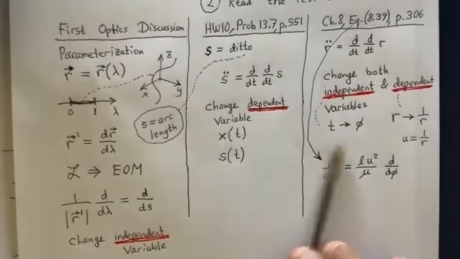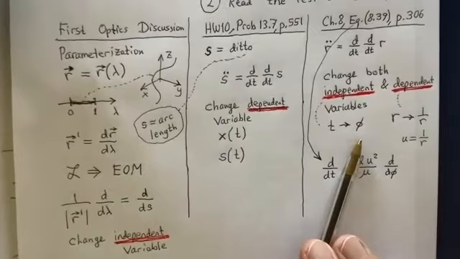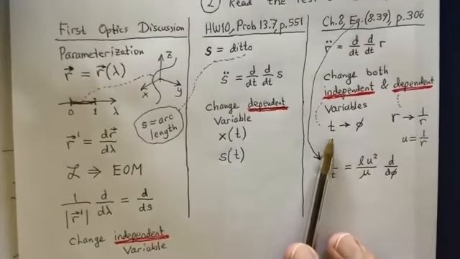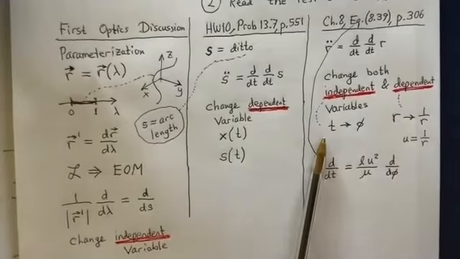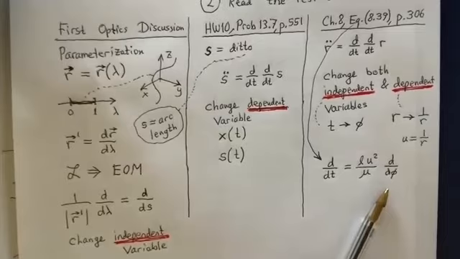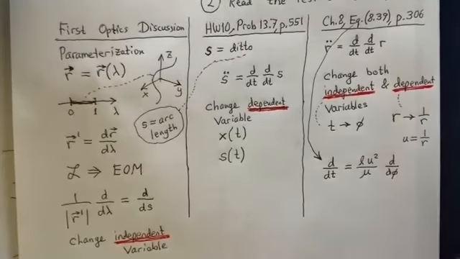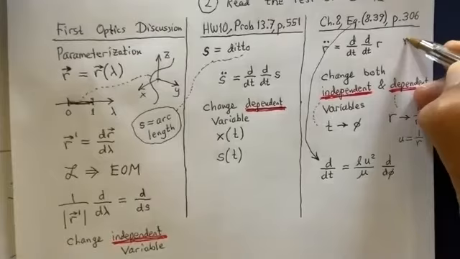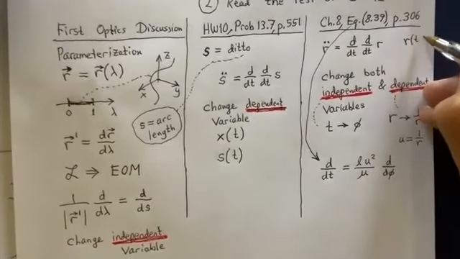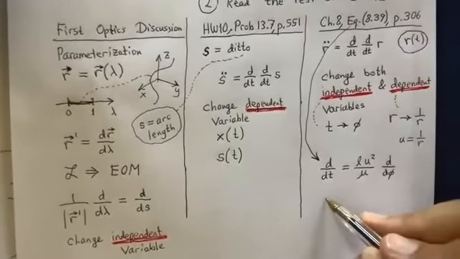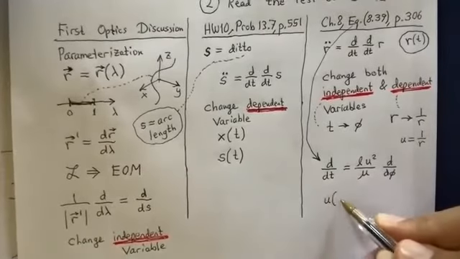Now, because we have a relationship between t and phi, ultimately phi is a function of the time t, and it's monotonically increasing in the region of interest here. So we can recast this in terms of derivatives with respect to phi. Originally we had this description of the problem, r as a function of the time t, and the end goal is we want the lowercase u as a function of phi.